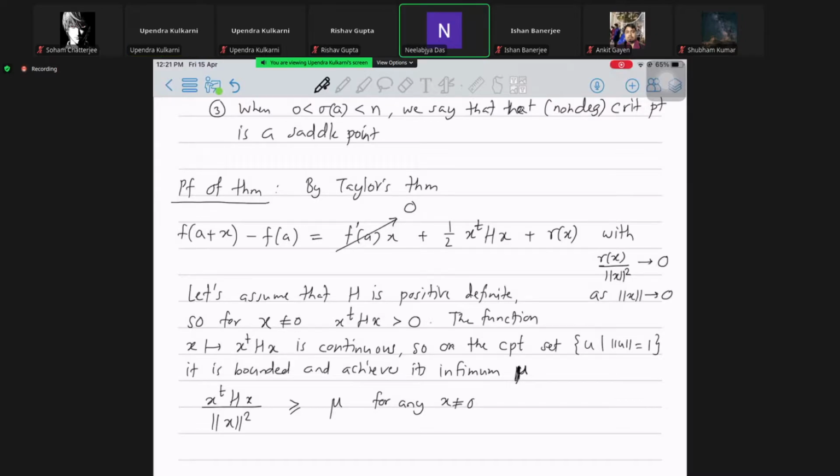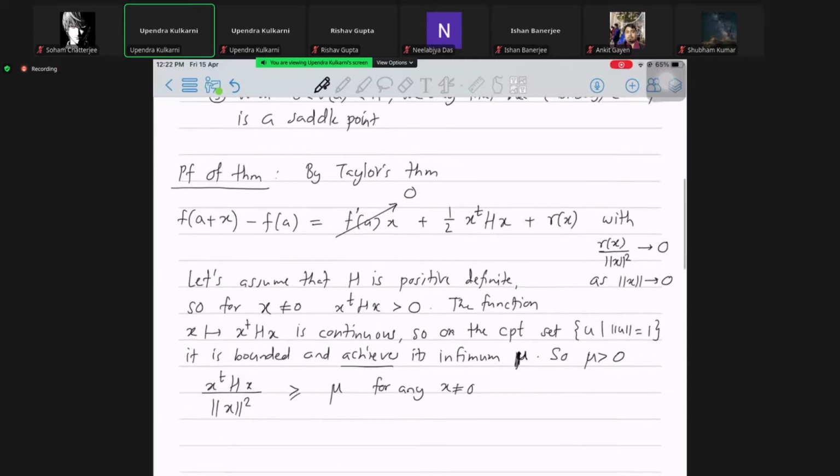But the point is that it is compact, so it actually takes the infimum, right? Therefore, it achieves its infimum mu. So mu is greater than zero. So all right, okay. So I have this fact.